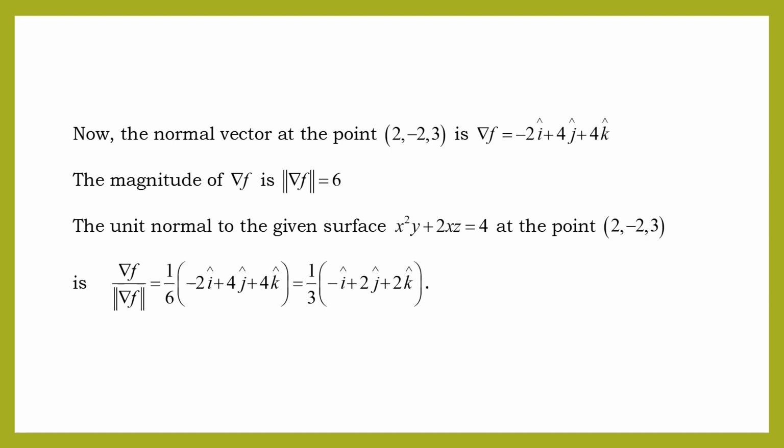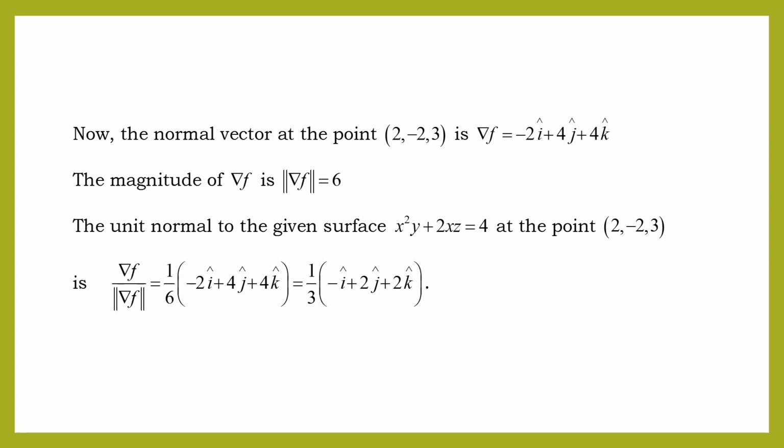Why? If you find out its magnitude, that means norm of this n cap, that means norm of del f by norm del f, how much does it become? It becomes 1. Norm of n cap equals norm of del f by norm del f, which becomes 1.